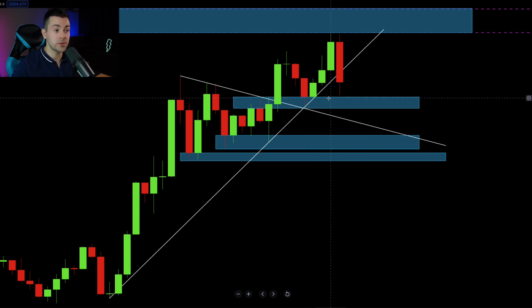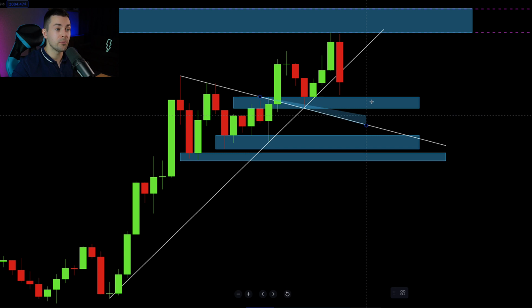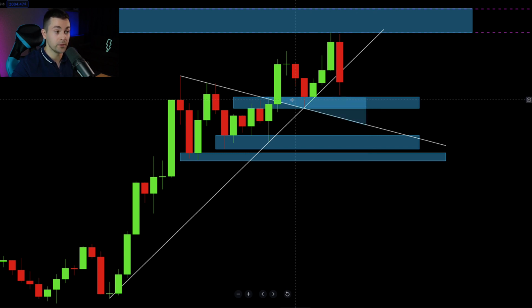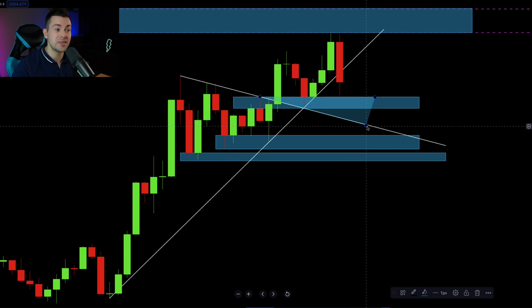And also here we have that horizontal support. And technically speaking, here it will be much better to unite these 2 structures in one, so that the broken trend line and that horizontal structure would compose the expanding zone of demand.